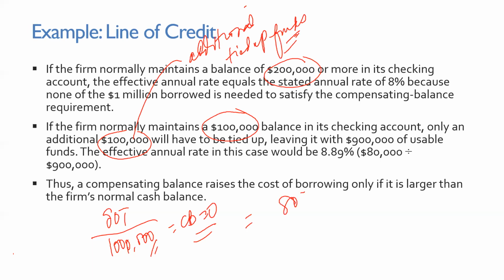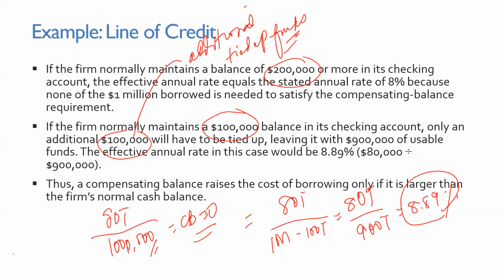It becomes 80,000 divided by 1 million minus 100,000. So 80,000 divided by 900,000. So that's an effective interest rate of 8.89%. Okay, so thus, a compensating balance raises the cost of borrowing only if it is larger than the firm's normal or regular cash balance.